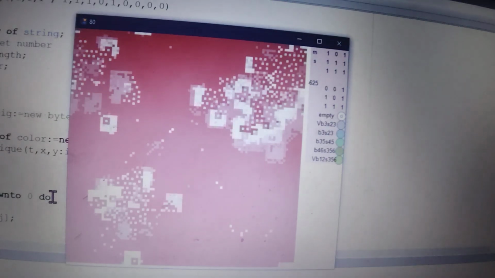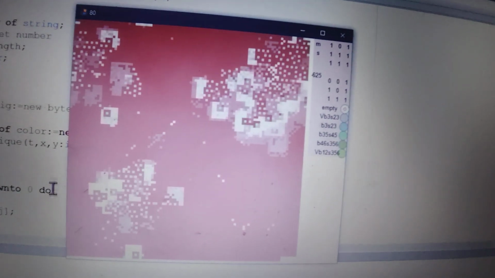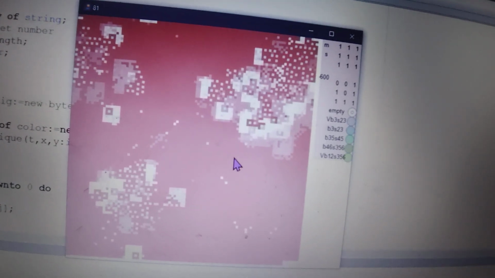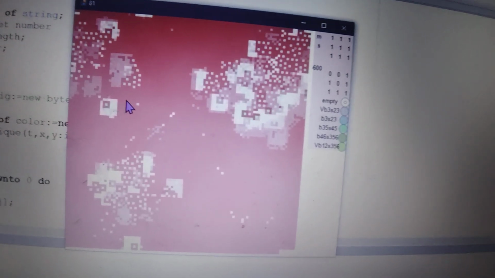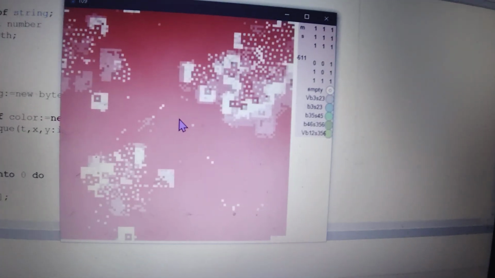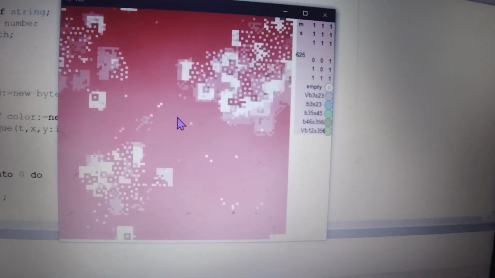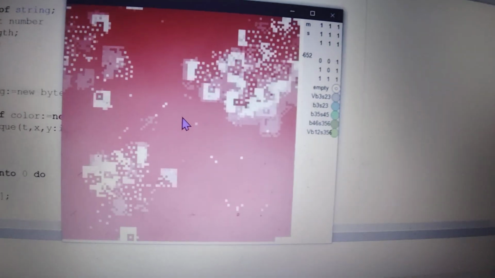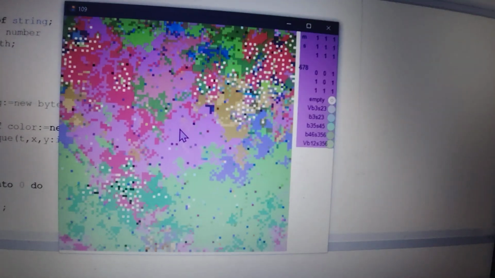And oh, so red. What is it? 600. And the dying age is 1,000. Can we wait till it is 1,000? Let's try. It's not really a minus.